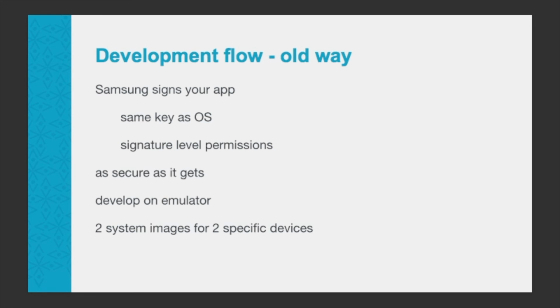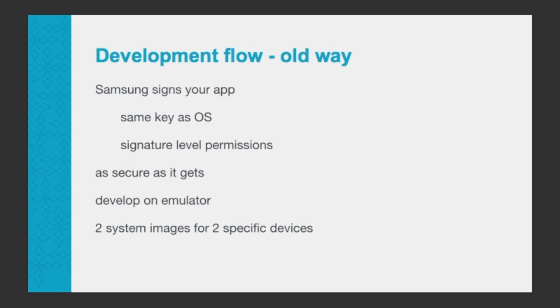Samsung will review the manifest file, check that it doesn't contain anything sketchy. Mostly they check for security reasons. Every denial that we got regarding the manifest file was for security reasons. And if they confirm it, they will send you a signed APK back.